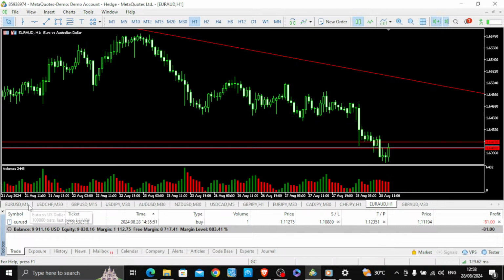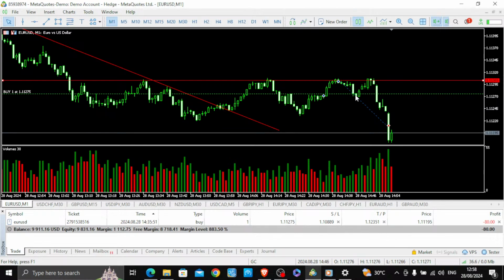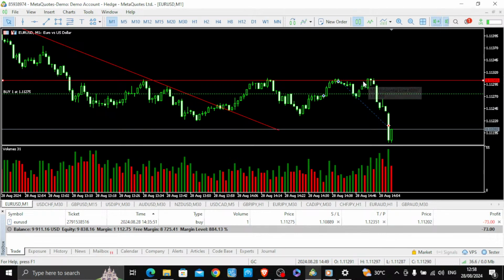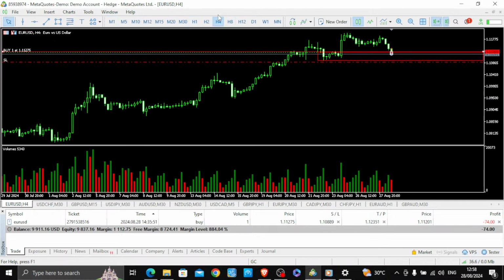So let's go to our Euro USD. That is why I told you that we were supposed to wait for here to be taken out. But this one now we put at least a very wide stop loss, whatever may happen, to afford the market the opportunity to do whatever it wants to do.